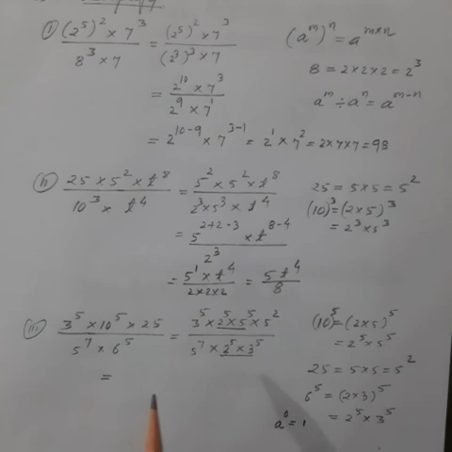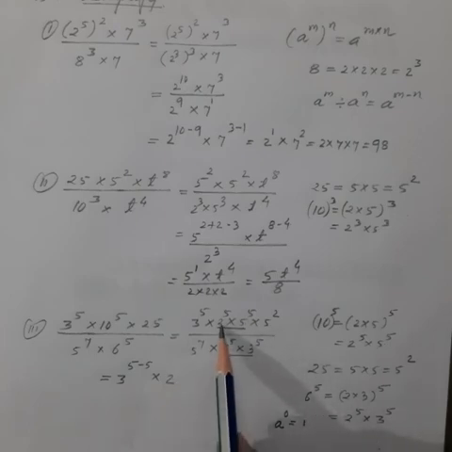Now take the same base 3. This 3 raised to the power 5 is in numerator and this 3 raised to the power 5 is in denominator, in division. So subtract the power in numerator. Other base 2. This 2 raised to the power 5 is in numerator and this 2 raised to the power 5 is in denominator, in division.